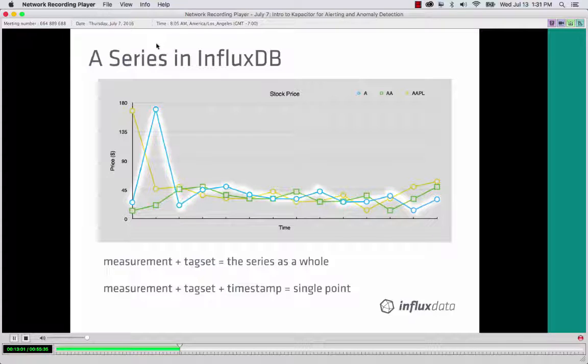So in this graph, we see three individual series. On that note, the measurement plus the tag set plus the timestamp represents a single point in InfluxDB. So you can think of a timestamp as an ID for a point in a series.